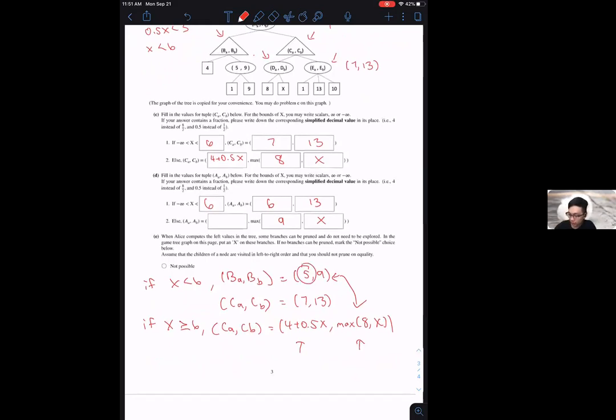So CA in this case is going to be 4 times 1/2 plus 4 plus 0.5x times 1/2, which is going to be 2 plus 2 plus 0.25x, and that's just going to be equal to 4 plus 0.25x.